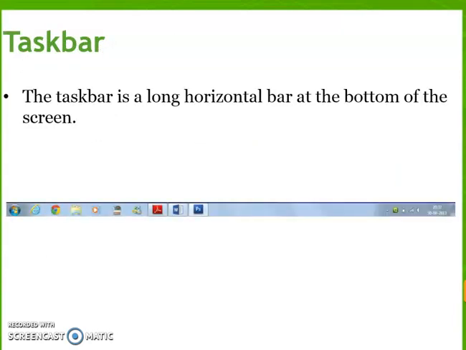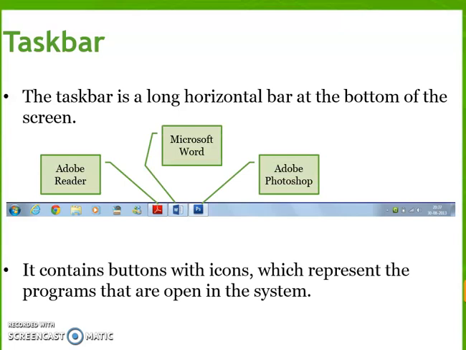Then we said, what is the taskbar? This long horizontal line at the bottom of your screen is known as the taskbar. It contains buttons with icons which represent the programs that are open in the system.